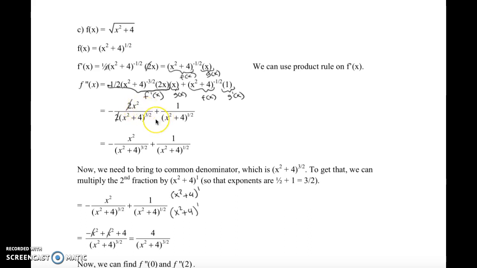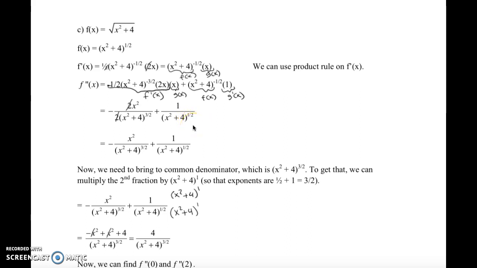And we're going to go ahead and add that to our second piece here. Our x squared plus 4 is to the negative 1/2 power, so that's going to go to the denominator as a positive 1/2. And then times 1, we need to have that 1 in the top to make sure that this piece here stays in the bottom.